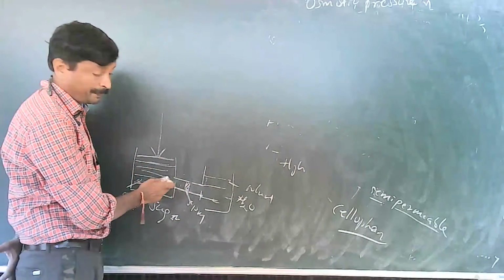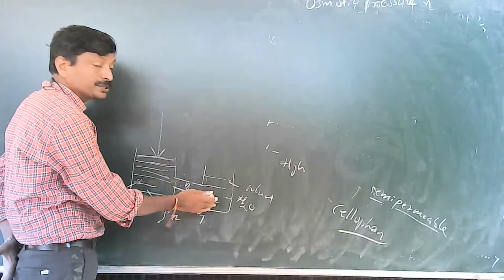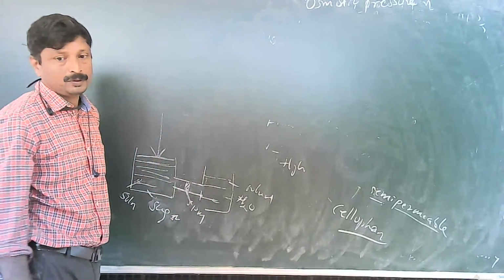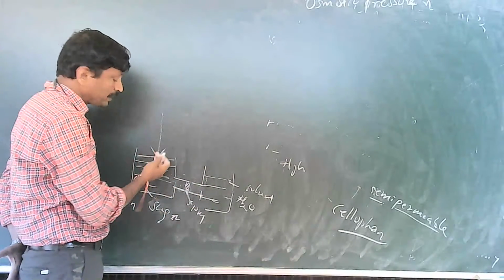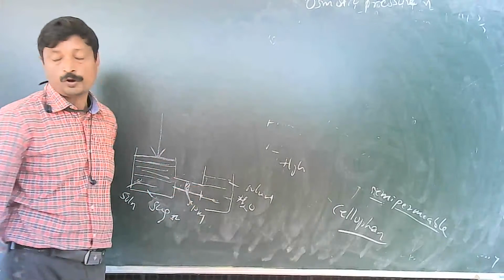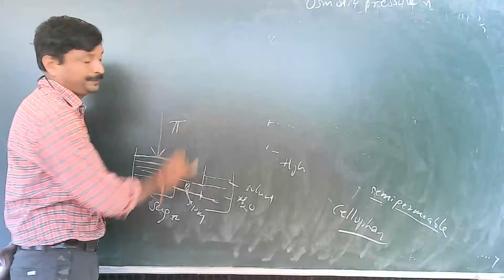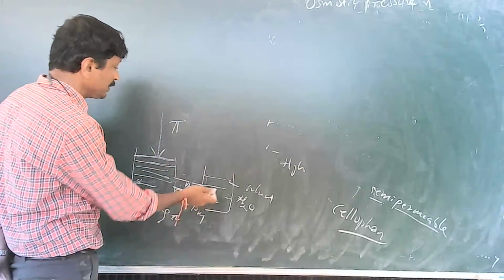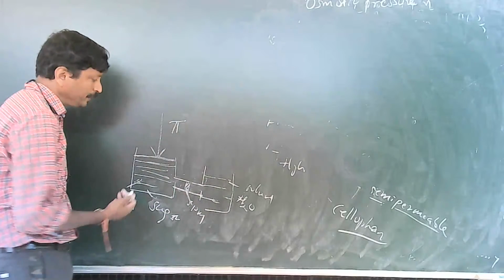Osmotic pressure is the external pressure applied on the solution side to just stop the osmosis. What is osmosis? The flow of solvent particles from lower concentration to higher concentration.